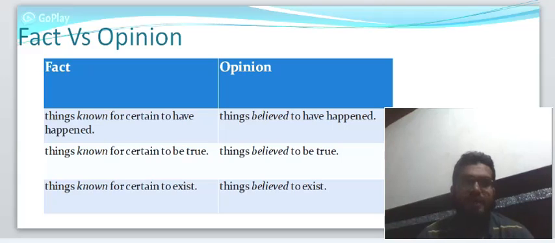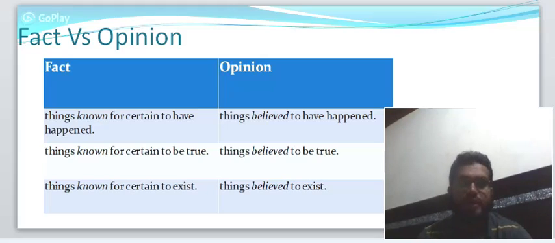So if we compare fact and opinion, we can see that fact is about things known for certain to have happened, things which have certainly happened. There is no doubt about their occurrence. Secondly, things known for certain to be true.